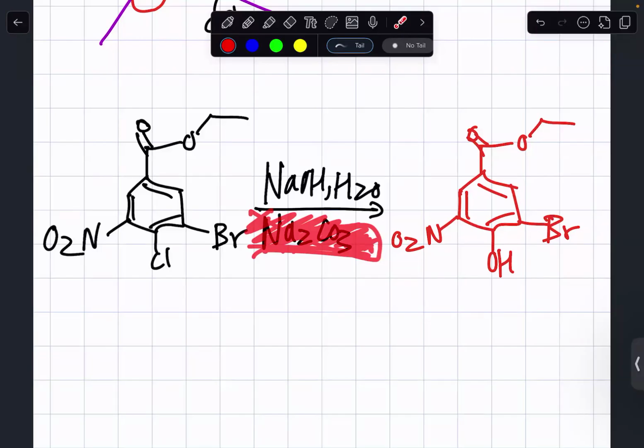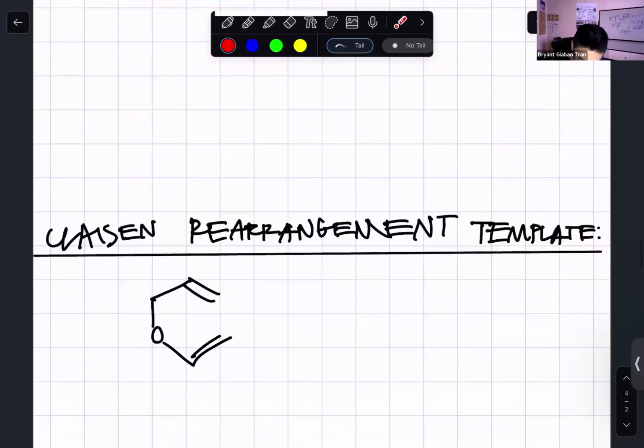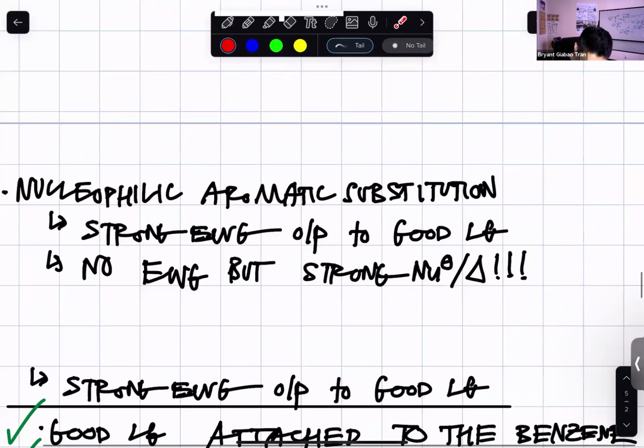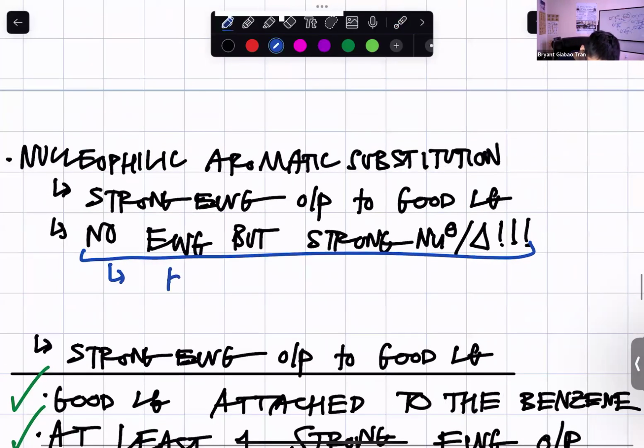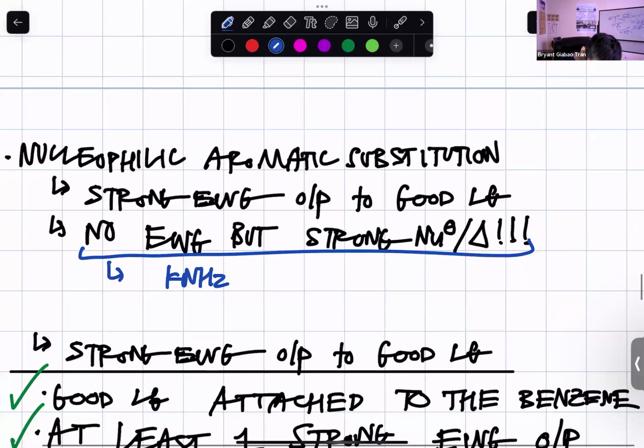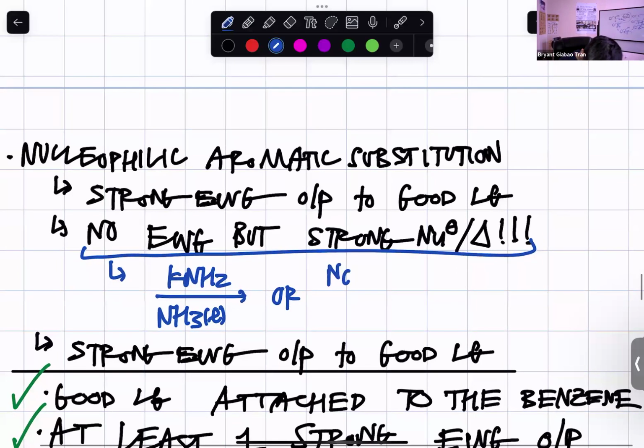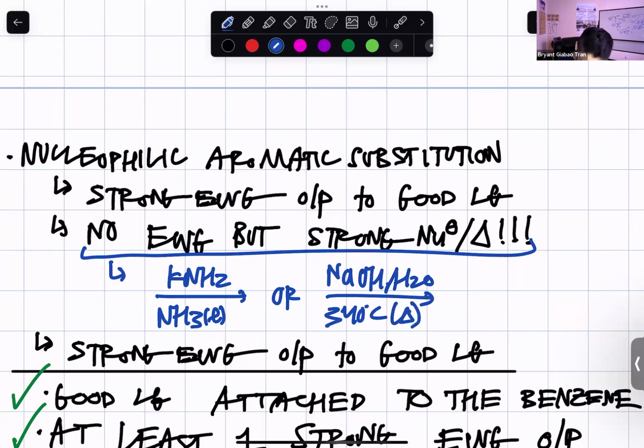But to know this case right here where you have no EWG, you will see these reagents here. You either see KNH2 in liquid NH3, or you will see NaOH, water in some extreme heat, like 340 degrees Celsius, like high heat, with no EWG attached to it.